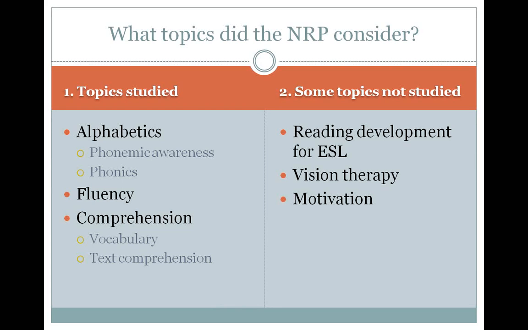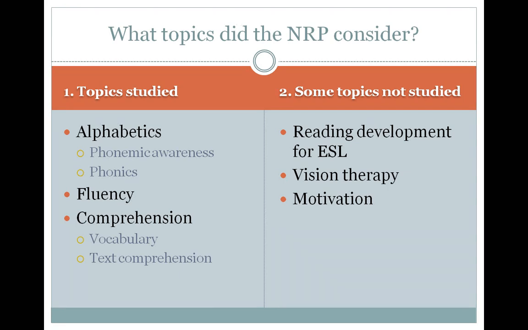So what topics did the NRP consider? Of the vast array of topics related to reading, they considered what came to be known as the Big Five, or the 5 pillars. In the area of alphabetics, phonemic awareness and phonics were 2 of the 5 pillars.